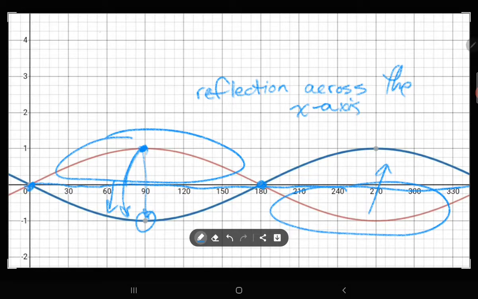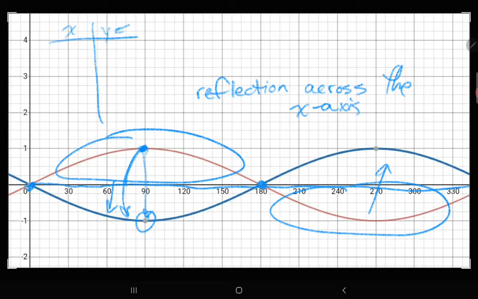Like imagine our table of values of x and y equals sine of x. We have 0, 90, 180, 270, 360, and 0, 1, 0, negative 1, 0.